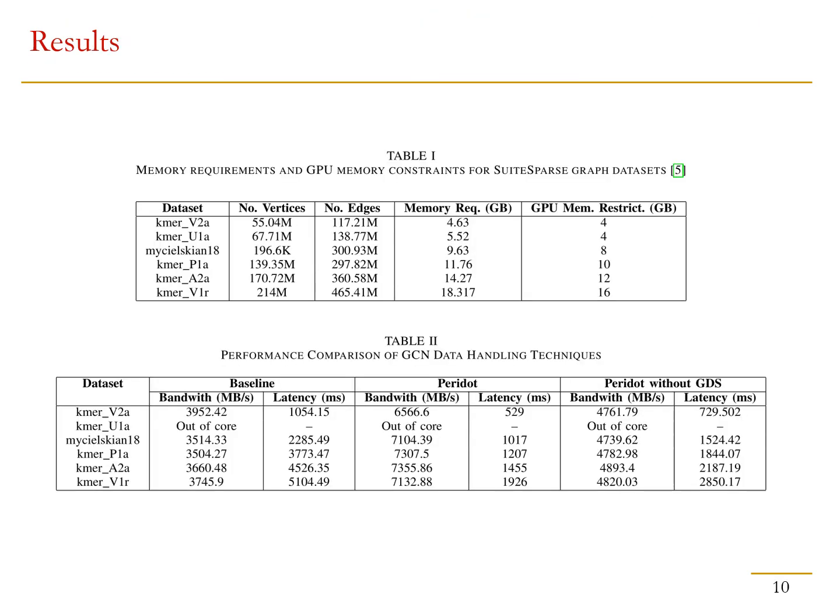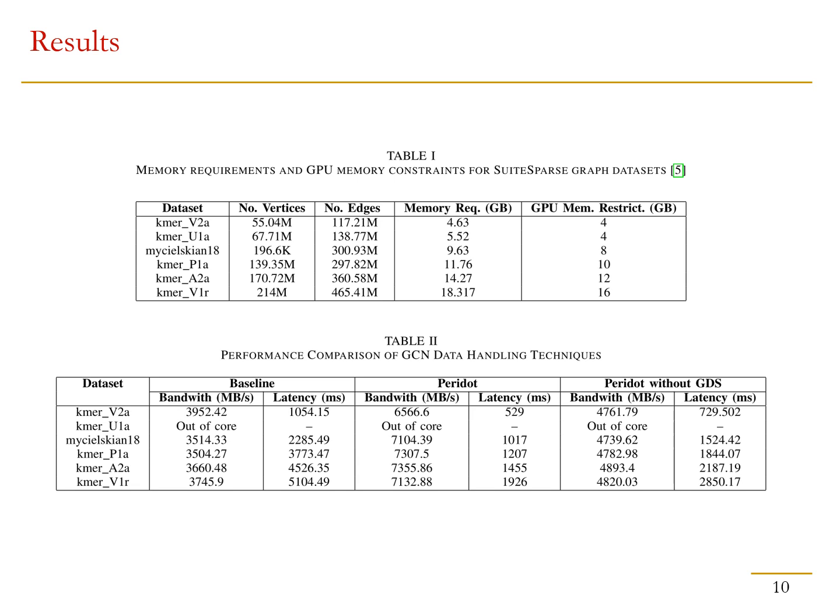The performance of Peridot was evaluated using an undirected suite of graph datasets from the SuiteSparse Matrix Collection, detailed in Table 1, which provides a diverse set of real-world graph datasets. The performance comparison in Table 2 clearly shows the capability of the Peridot system both with and without GDS against a traditional baseline.